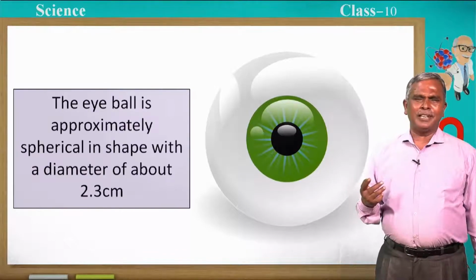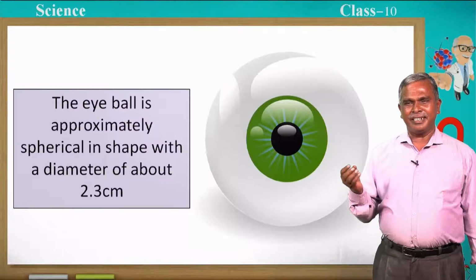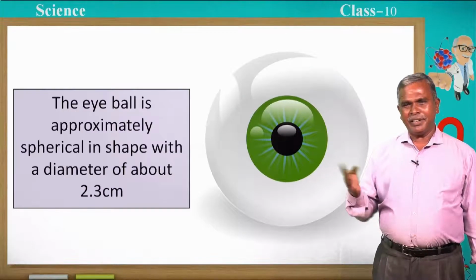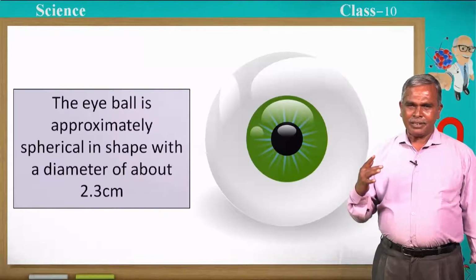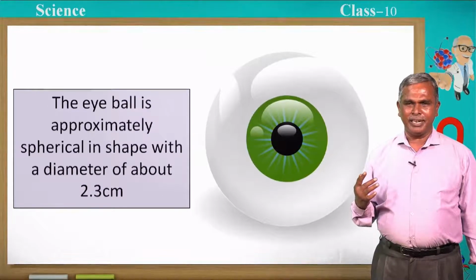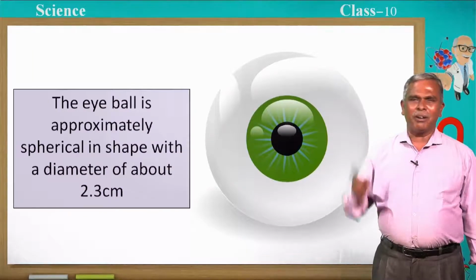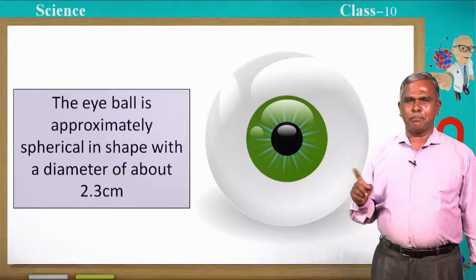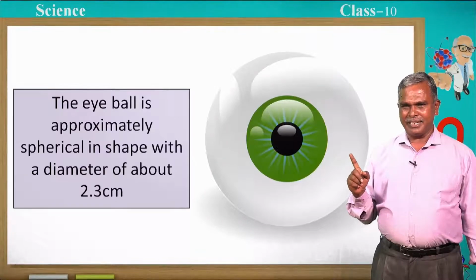In order to understand the function of the eye, sometimes we take the real pictures of the eye, we take the cross section of the human eye. Sometimes we take even ray diagrams of the human eye for better understanding. This is the eyeball. The eyeball is approximately 2.3 centimeter in diameter.